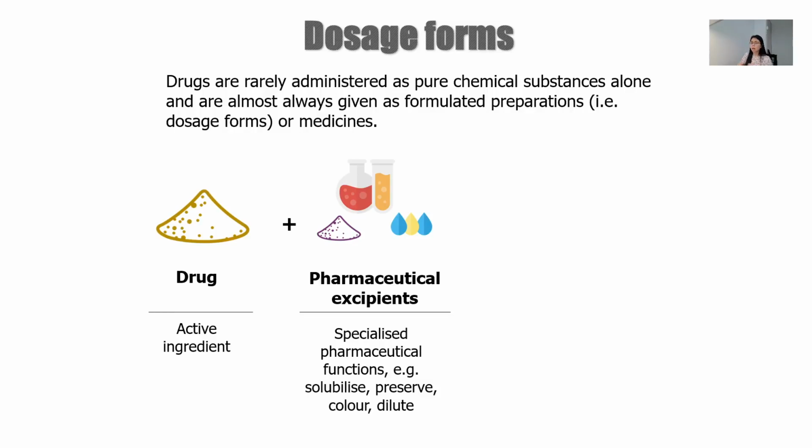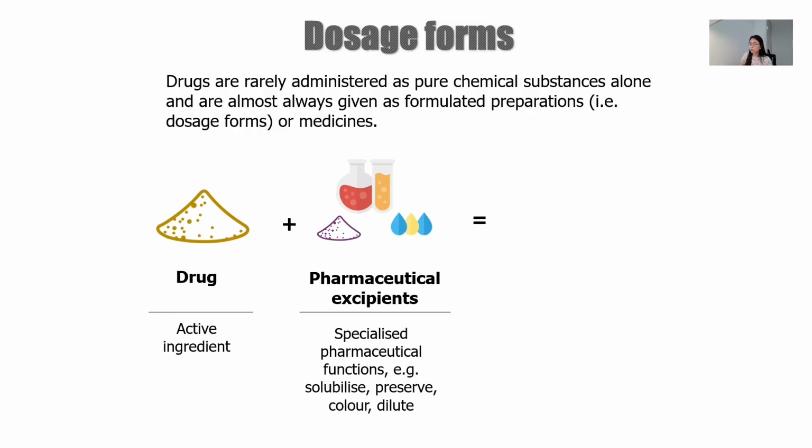These additives have specialized functions. Some of them, for example, help to solubilize or make the drugs more soluble in a liquid preparation. They may also be used to preserve the medication so that it can have a longer expiry date. They may be used as a coloring or for diluting purposes.